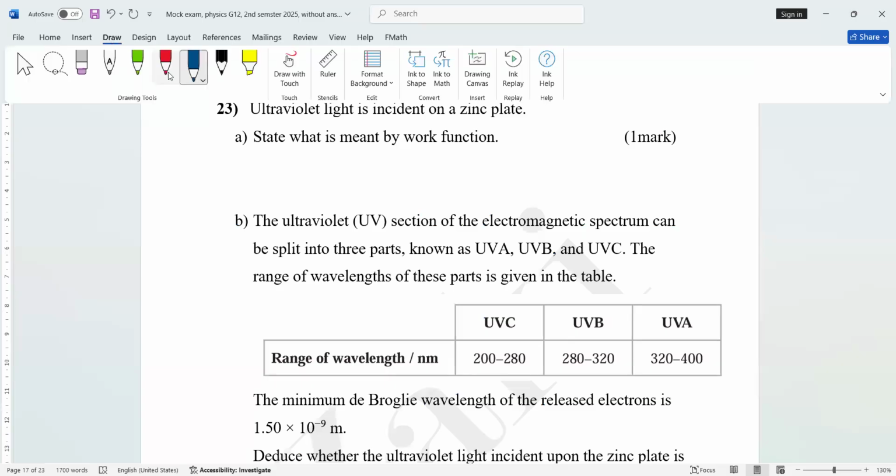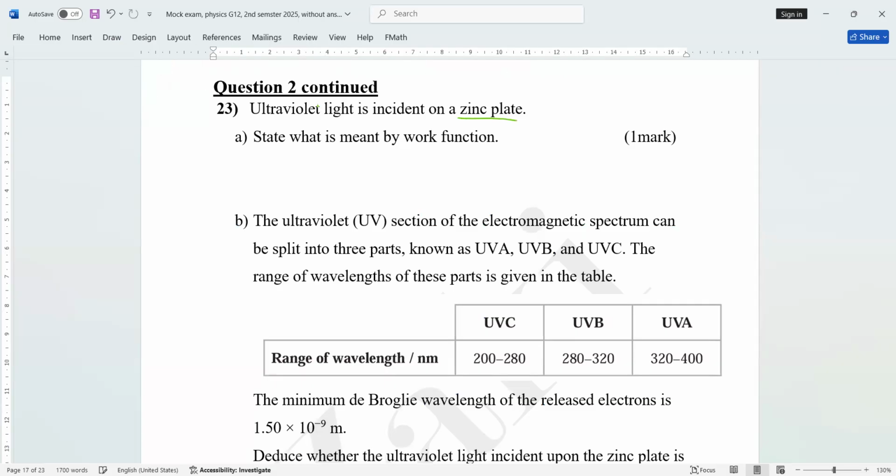So here we talk about a zinc plate and ultraviolet light. State what is meant by work function. Minimum energy required to release electrons from the surface of a metal.